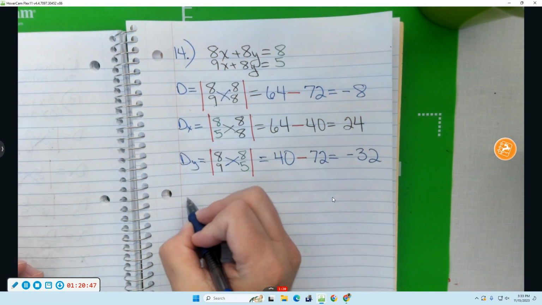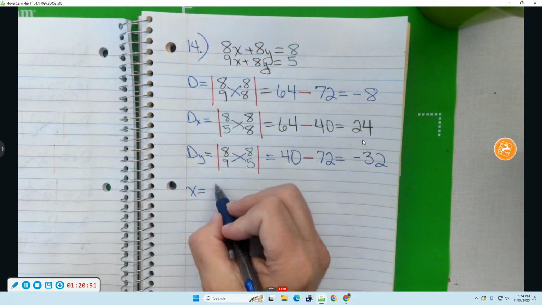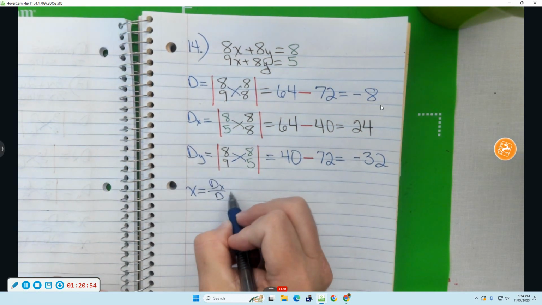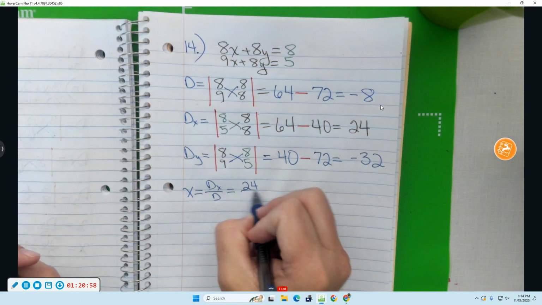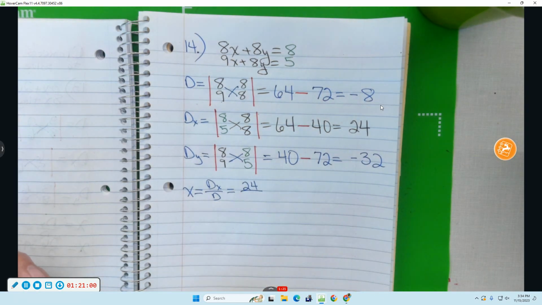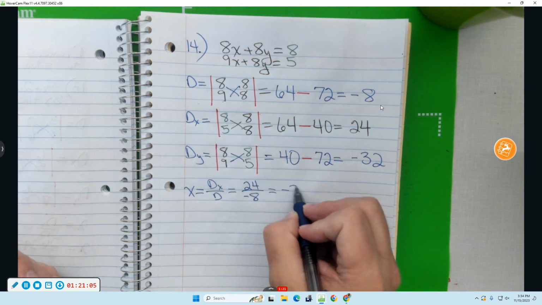So according to Cramer, x is equal to D sub x over D, so 24 divided by negative 8, which gives me negative 3.